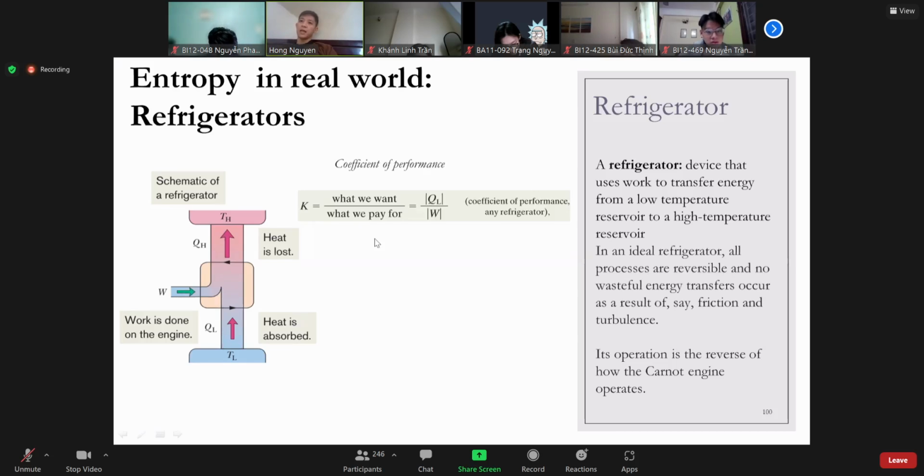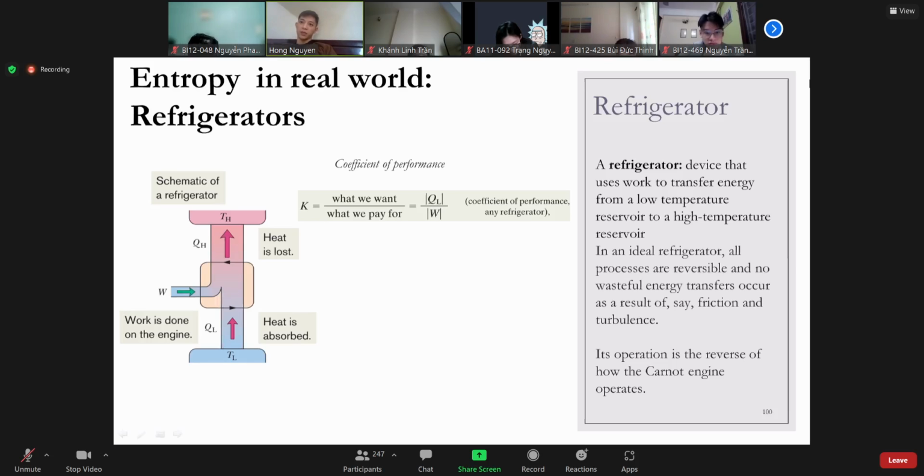Then what we want is to see the efficiency of this refrigerator. But for a refrigerator, we call it the coefficient of performance. Okay. For the engine, we call it the efficiency. For the refrigerator, we call it the coefficient of performance. Good.